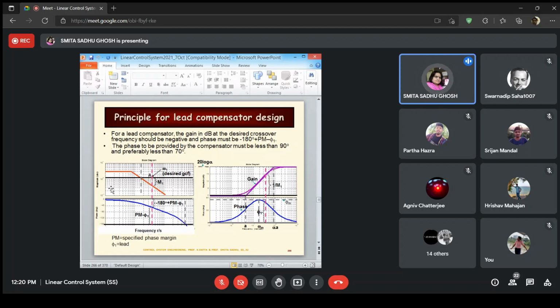Okay. So in absolute scale, you can see that this is an attenuation, so it is going to be a negative decibel.